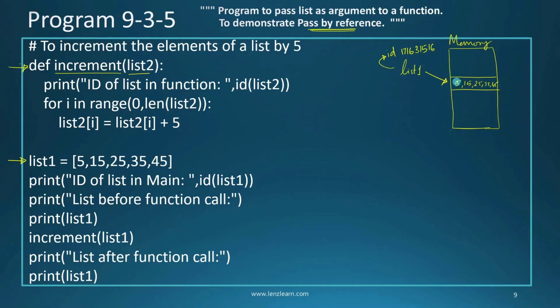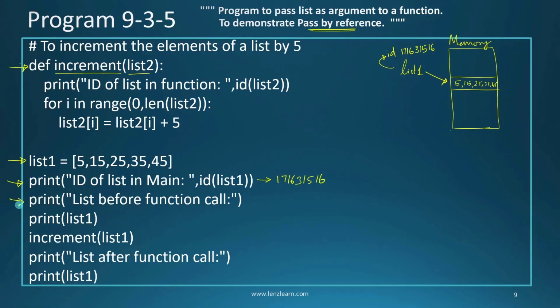Now in memory this list will be created and the variable list 1 will point to it, and the ID of list 1 will be a random number. So assume that this is the ID obtained by list 1, and after that I am printing the ID of list 1. Here I will get the output 171631516. That is the ID of list 1.